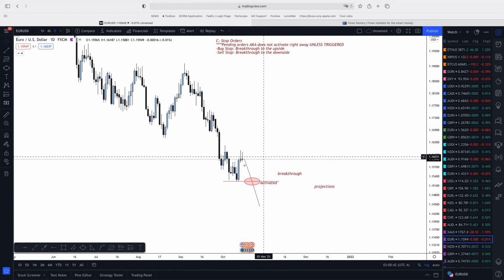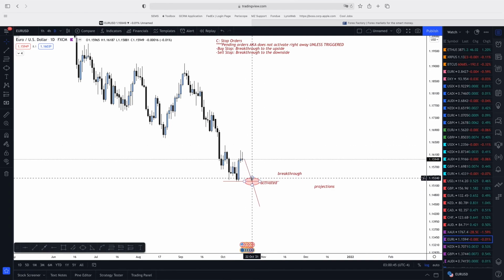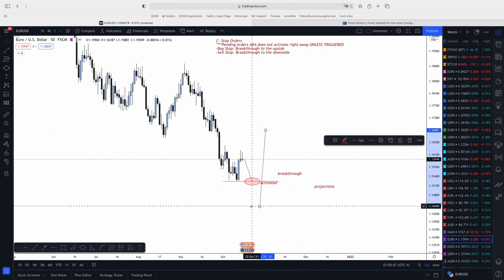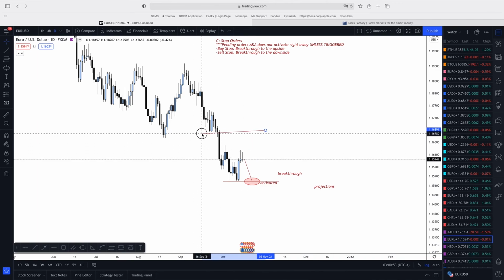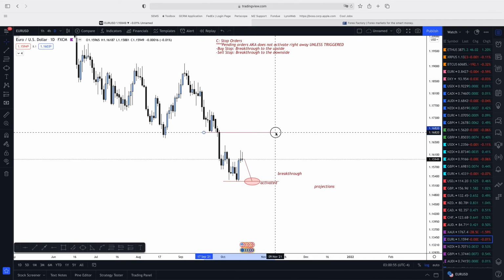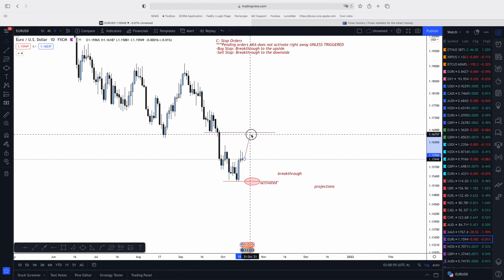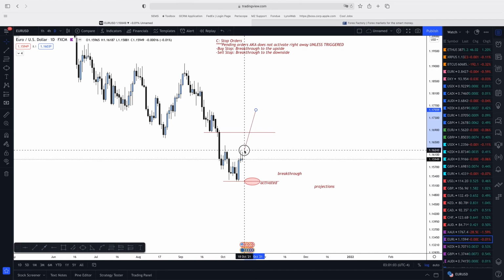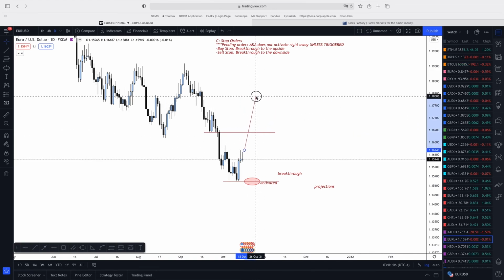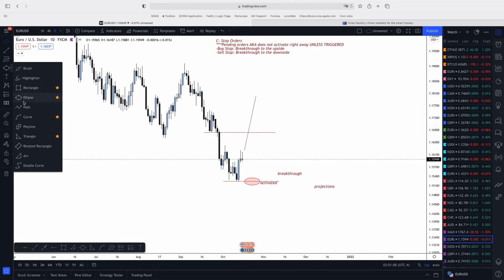Guys, when it comes down to a buy stop, very simple stuff. Let's say we project that the market's going to come to this specific area, and when it gets here, I don't think that it's going to reject. I think that it's going to break through into this zone.